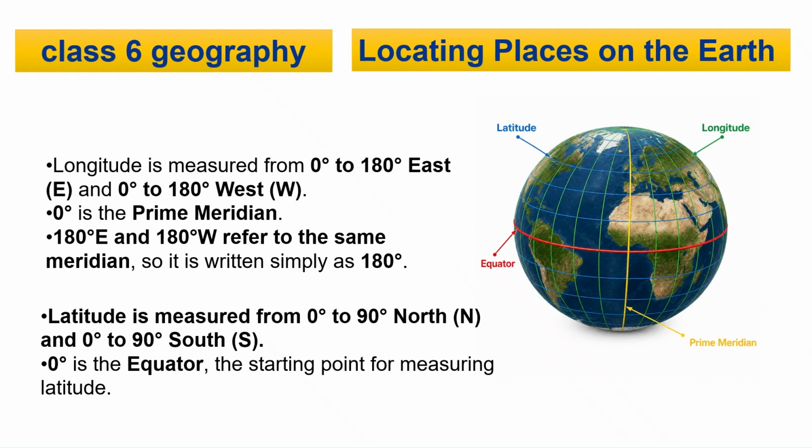And latitude is measured from 0 degree to 90 degree north and 0 degree to 90 degree south. 0 degree is the equator, the starting point for measuring latitude. So these are latitudes. It is a horizontal imaginary line, and these are longitudes. It is a vertical line.